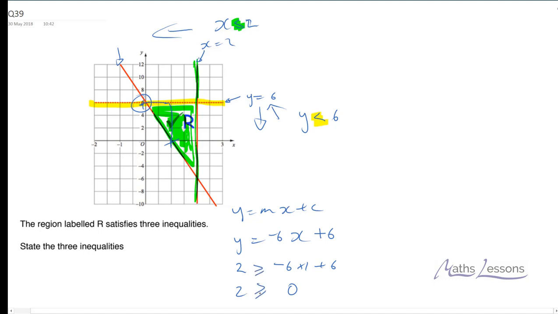Well, this way round makes it true. So therefore it's going to be y is greater than or equal to minus 6x plus 6. So let's put them all together. That's 1. There's the other one, and the last one is x is less than or equal to 2.